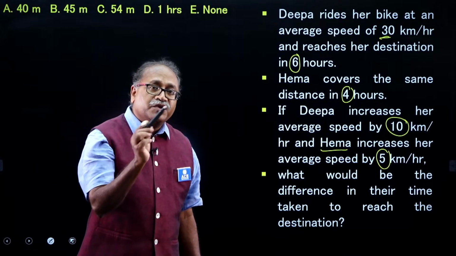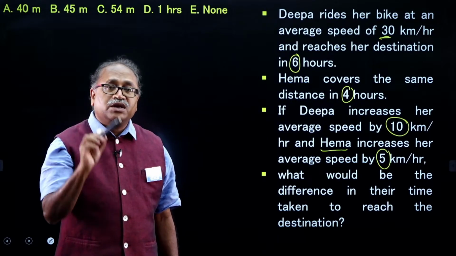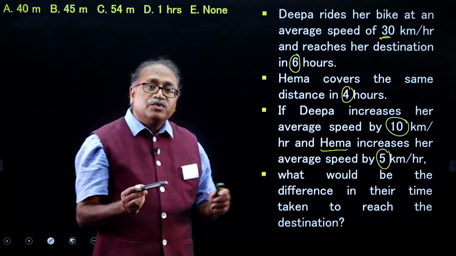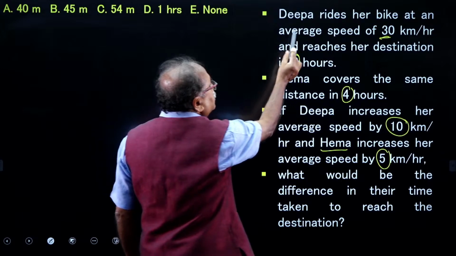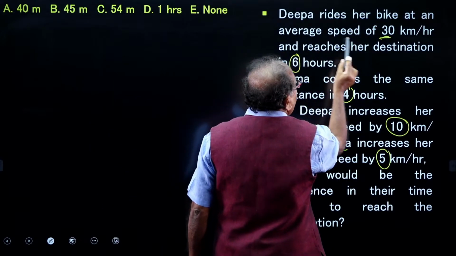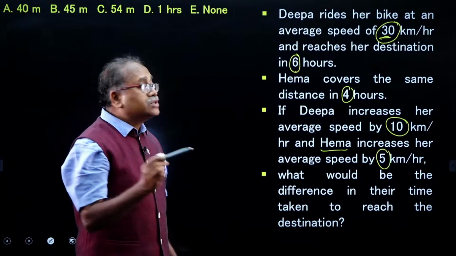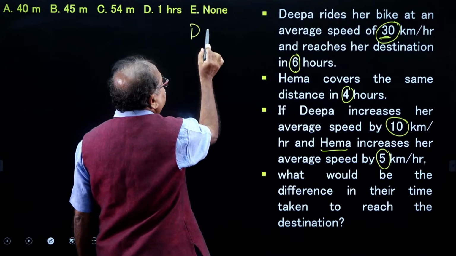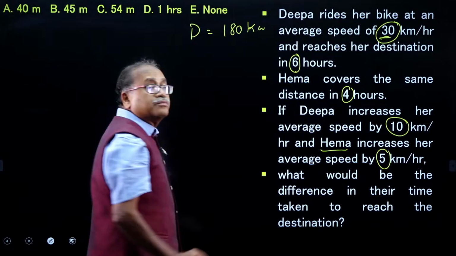So, what is the distance when you talk about the destination? Deepa rides a bike at an average speed of 30 km per hour for 6 hours. So, 6 into 30, the distance is equal to 180 km.